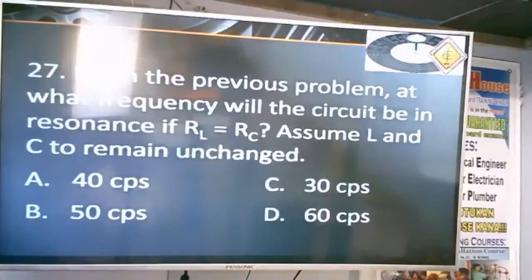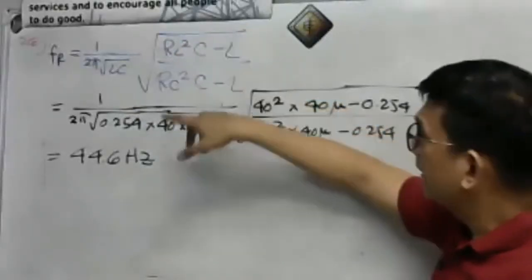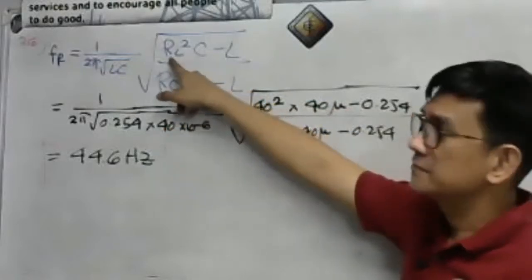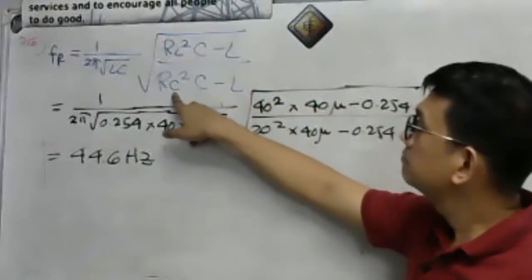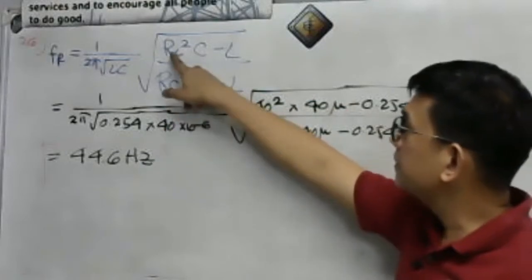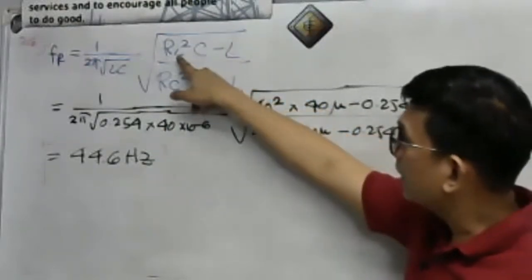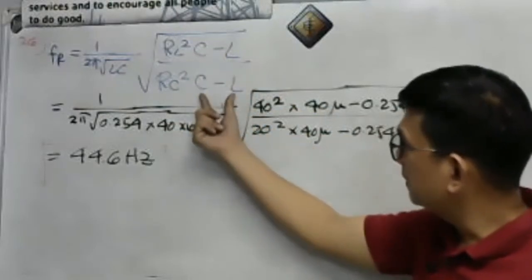So, if RL, take note here. Let's take a look at the formula here. If RL is equal to RC, what can you say here? If they are just equal, RL is equal to RC. This C minus L is just the same here, right?